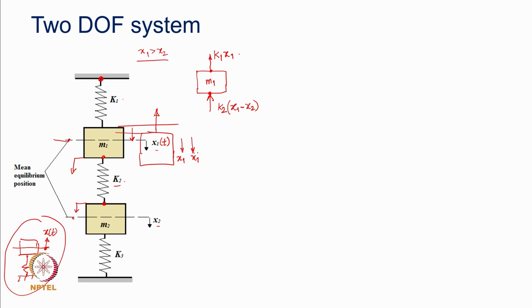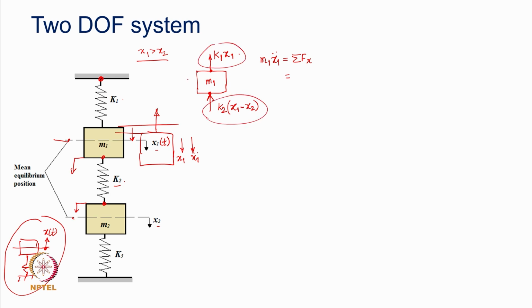For applying Newton's second law, what do we do? Mass times acceleration equals summation of all the forces in the direction of acceleration. All the external forces that act on this free body, what are they? These are all the forces, right?